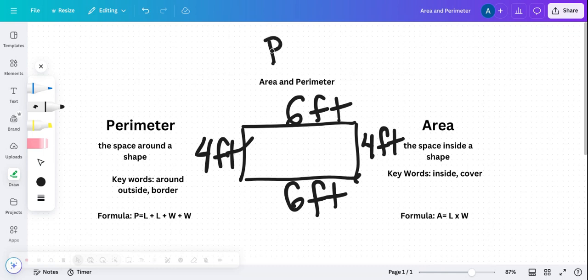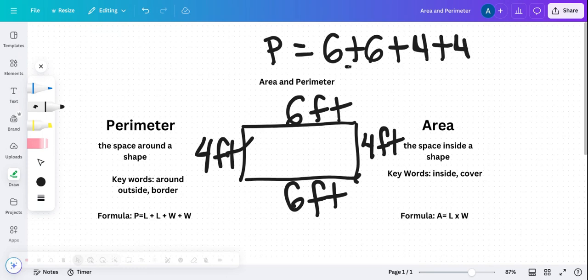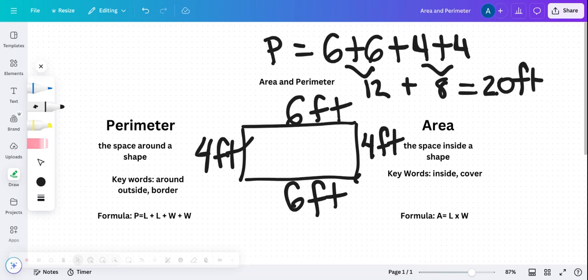So I'm going to go P equals 6 plus 6 plus 4 plus 4. And then I know 6 plus 6 is 12, 4 plus 4 is 8, and then I add those two parts together, which is going to give me a total of 20 feet. So the perimeter around my rectangle is 20 feet.